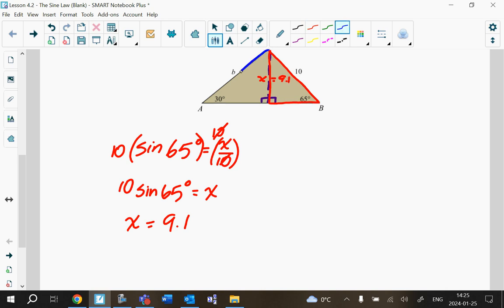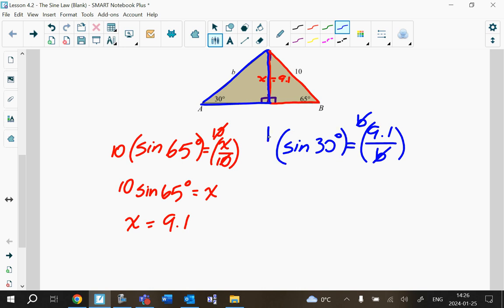Well, not only is that part of the red right triangle, it's also part of the blue one that I've just traced. How could I use trig again to find B now? Sine 30 degrees equals 9.1, what I just found, over B. Multiply both sides by B. And I get B sine 30 equals 9.1.